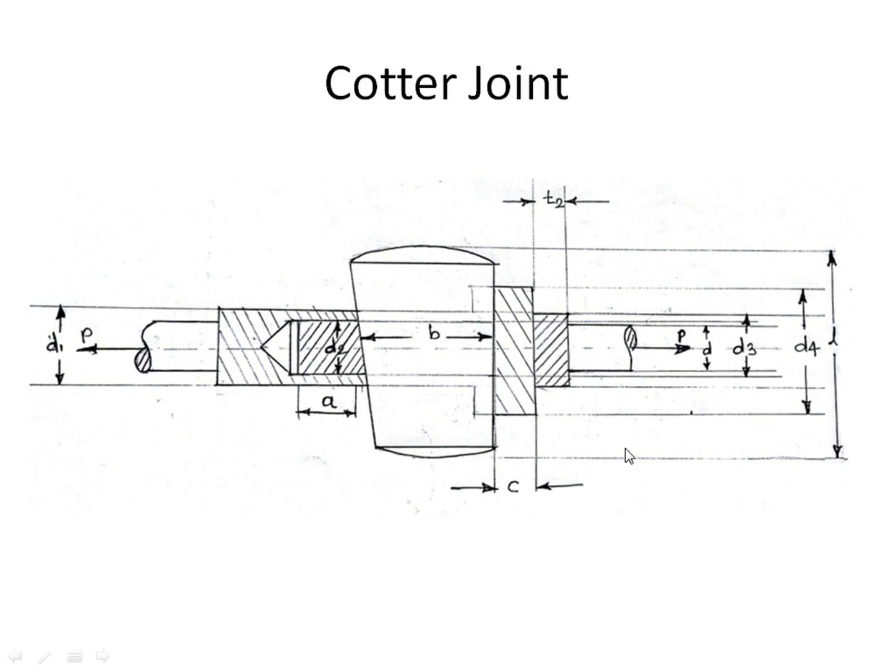T2 is the thickness of the spigot collar, and small t, which is not indicated in the diagram, is the thickness of the cotter fitted in the cotter joint. These are the various dimensions used for representing the various parts of the cotter joint.